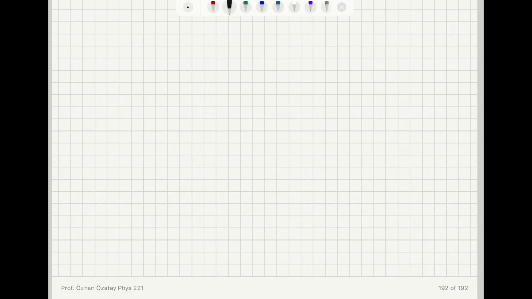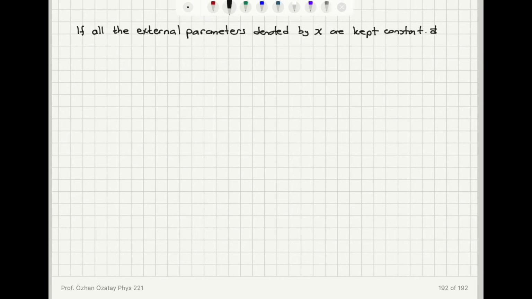So if all the external parameters, which we denote by x, are kept constant, that means the system has only a thermal interaction and d bar W will be 0.